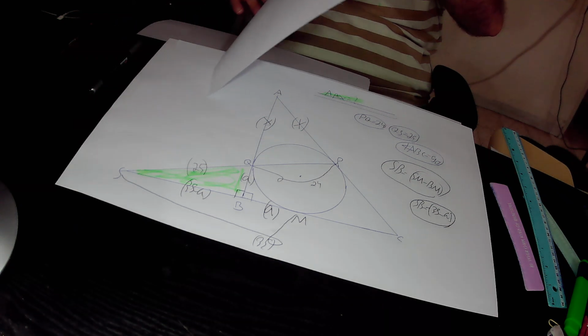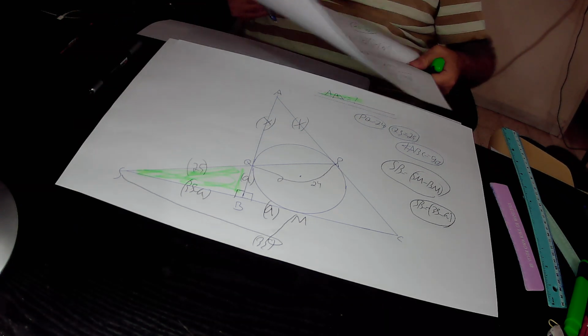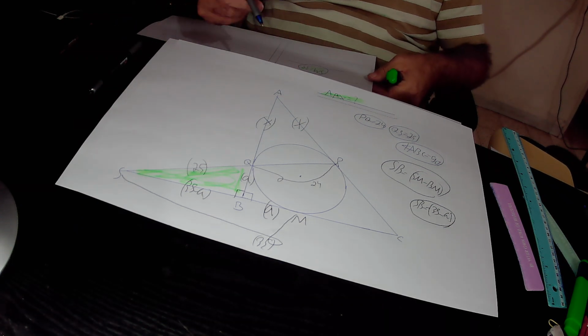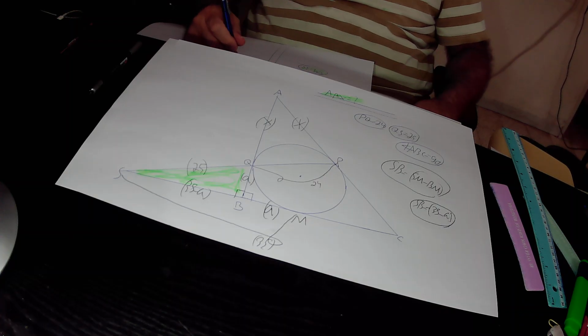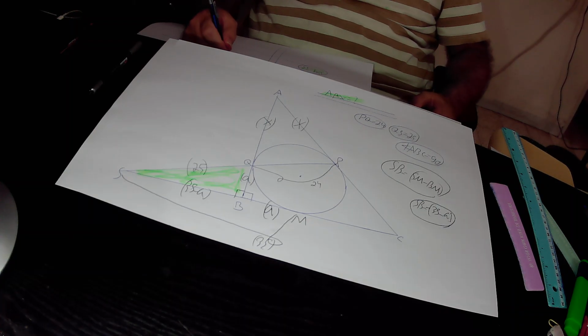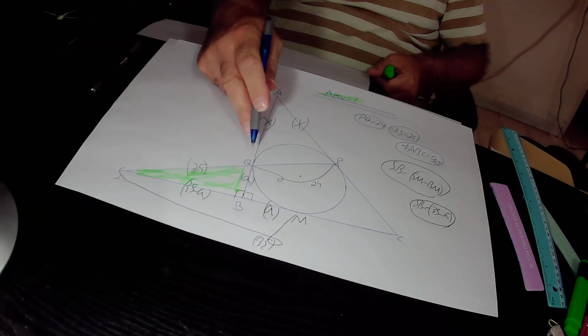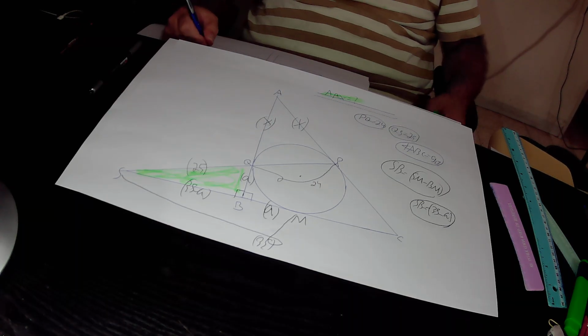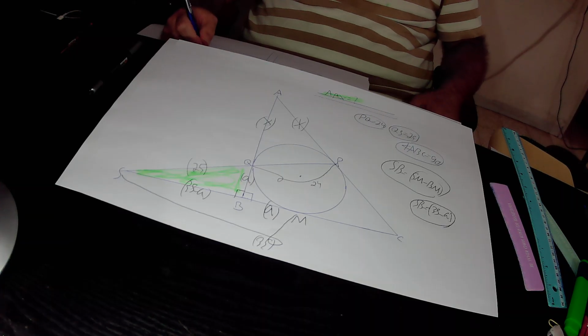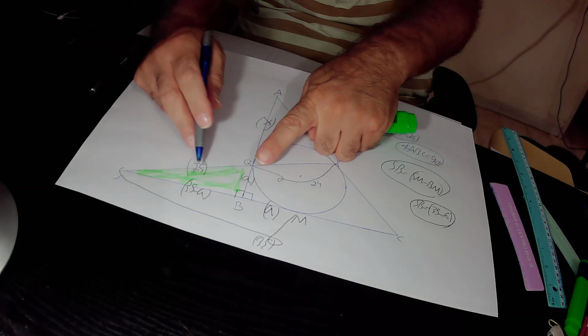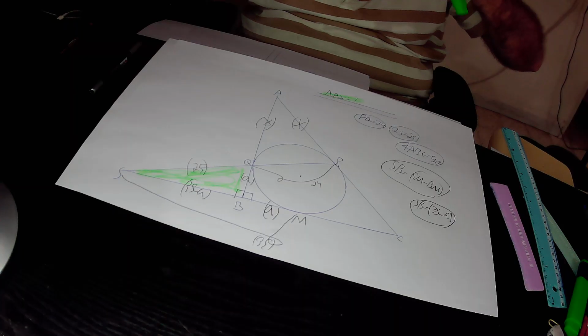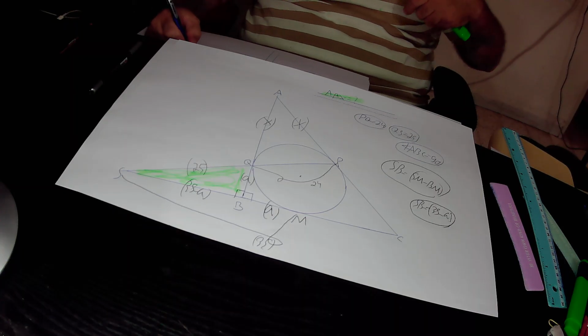According to what is given in the question, SQ is 25, therefore SQ squared is 25 squared, that is 625, and it is equal to QB squared. QB is 8, therefore QB squared is 8 squared, plus SB squared. SB is 35 minus 8, therefore SB squared is 35 minus 8 squared.